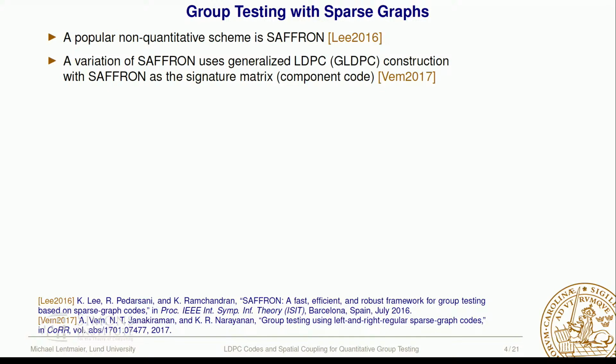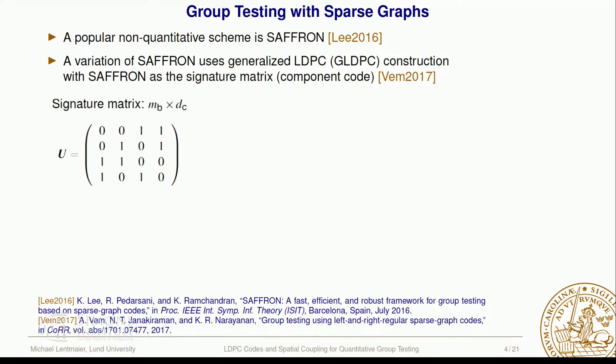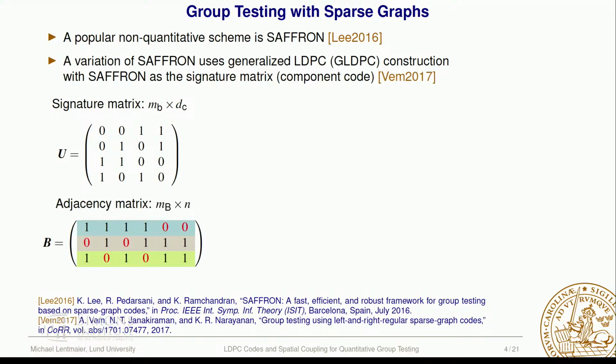So the idea was to use a Saffron scheme on a lower size as subcodes in a bigger LDPC code. It's a generalized LDPC code where locally we have this signature matrix that comes from the original Saffron scheme, but we can use a base matrix to create a sparse graph where this signature matrix is at these non-zero elements.